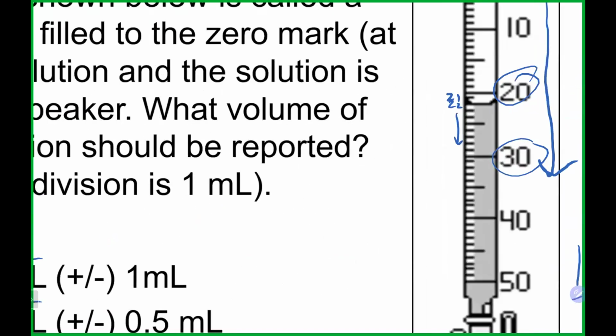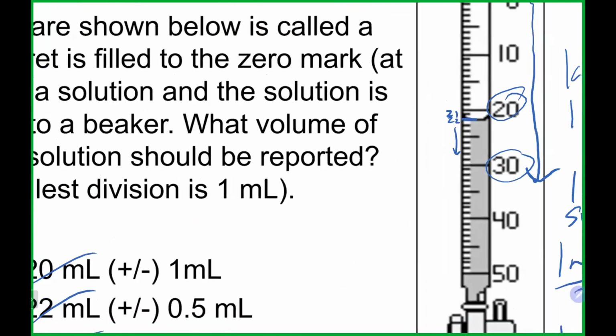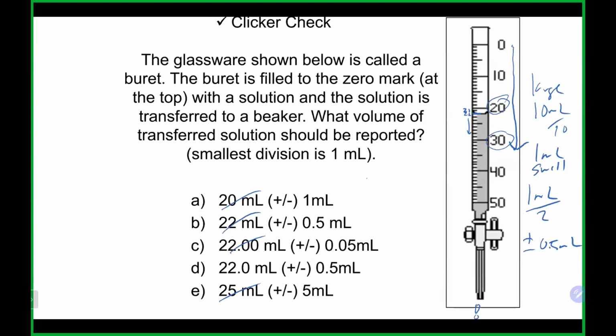If we super zoom in there, we're right around that 22-ish mark in terms of our meniscus. So this would be a case where you might look at it and go, hey, it's 22 on the nose, and want to record just 22. But because we have the ability, based on this equipment, to go to that first decimal place, we do have to record it as 22.0 milliliters plus or minus 0.5 milliliters.